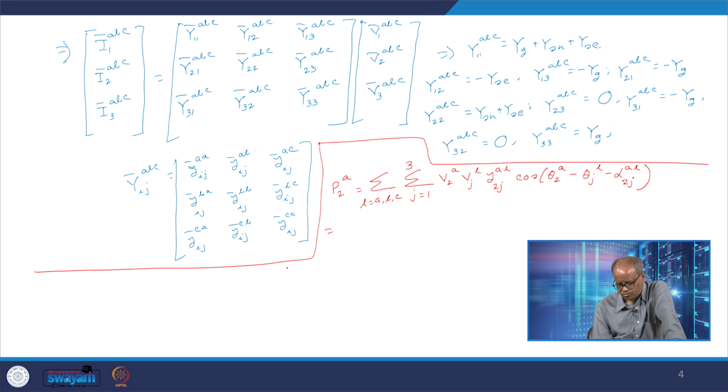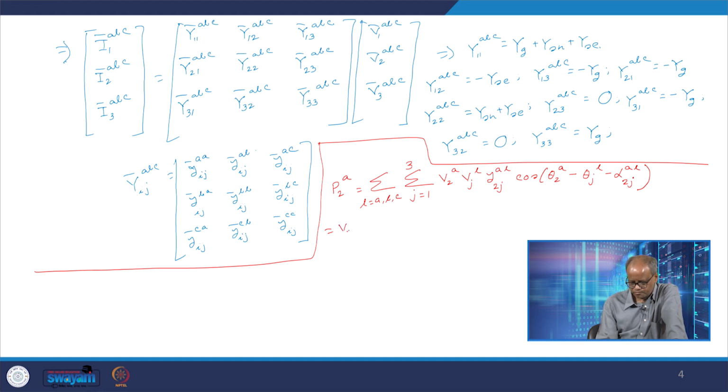So first, because it is a double summation, we have to keep one fixed and change the other. So let us first say that j is equal to 1 and we change L is equal to ABC.